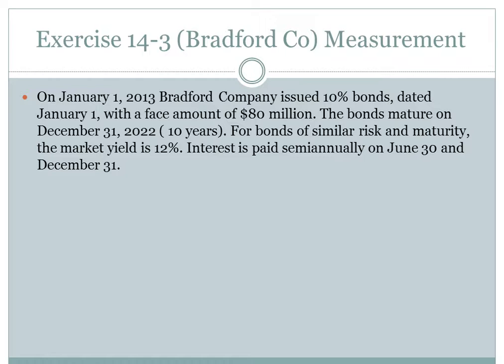The first thing is we want to understand whether the bonds are going to be issued at face value, at a discount, or at a premium. And if you recall from the previous video, the relationship between the stated rate of interest and the market rate of interest is what determines whether the bonds will be issued at face value, a discount, or premium.